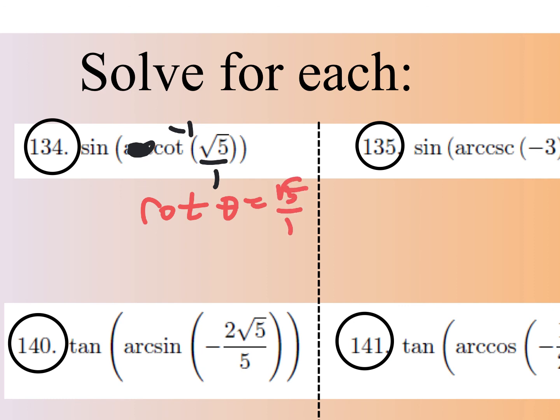And then cotangent, where'd that come from? Oh yeah, I can change that to tangent and make this 1/√5. Did you remember that tangent and cotangent are a flip of each other? And now we got it back to a normalish problem.